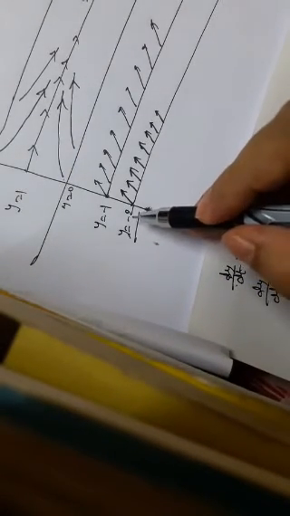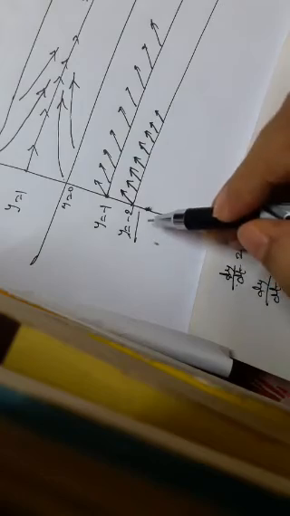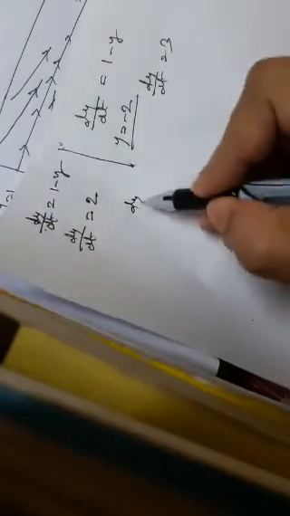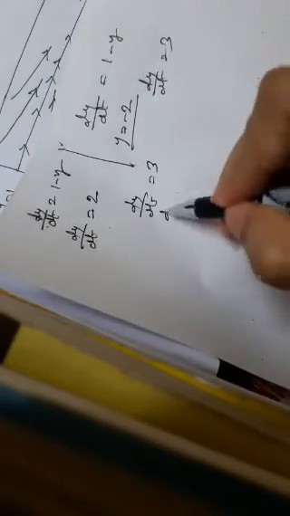y equal to minus 2, y equal to minus 3, y equal to minus 4, y equal to minus 5. Then we get dy/dt equal to 3, dy/dt equal to 4.